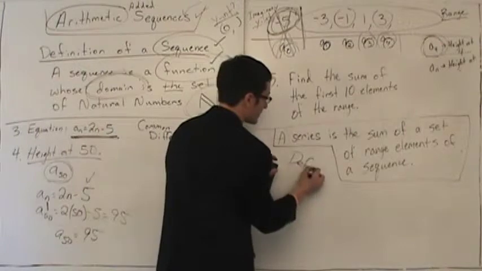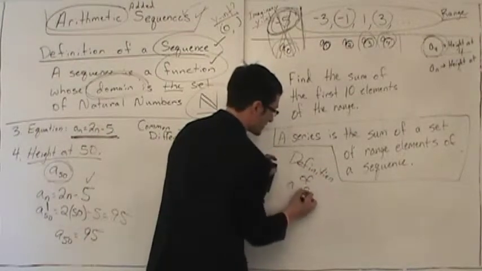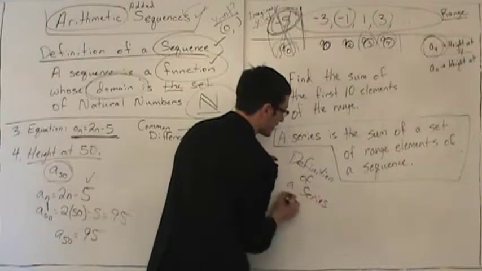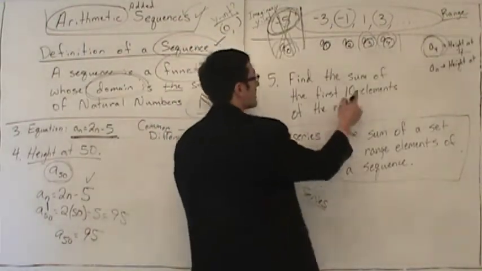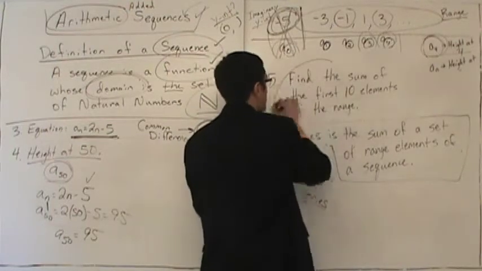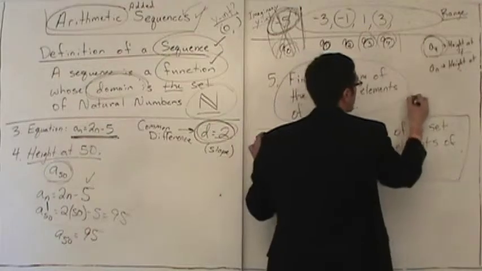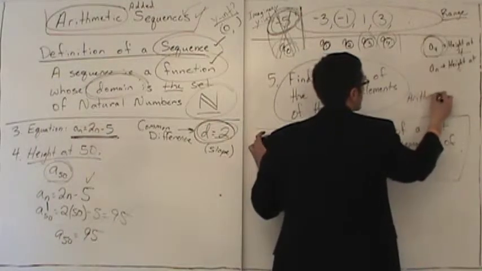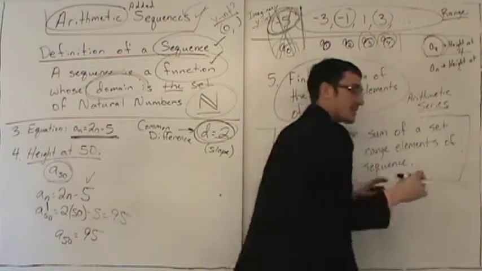This is called the definition of a series. And since we are looking at an arithmetic sequence, the series to find the sum of the first 10 elements of the range will be called an arithmetic series.